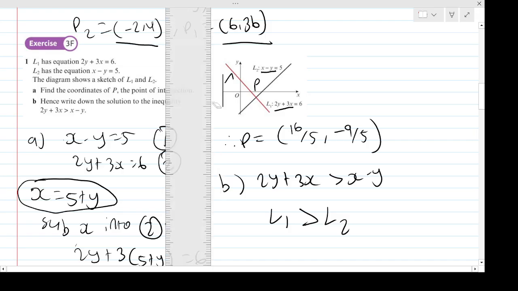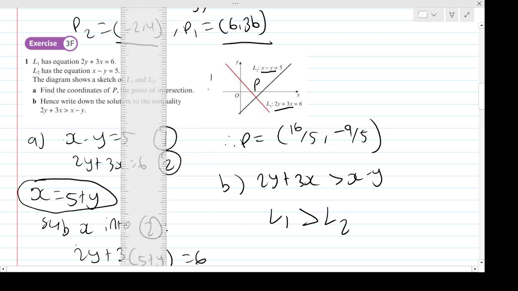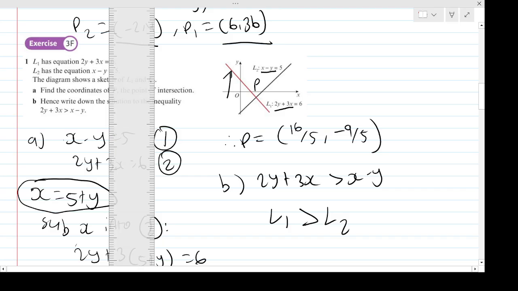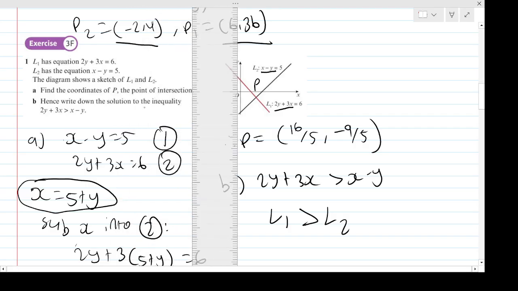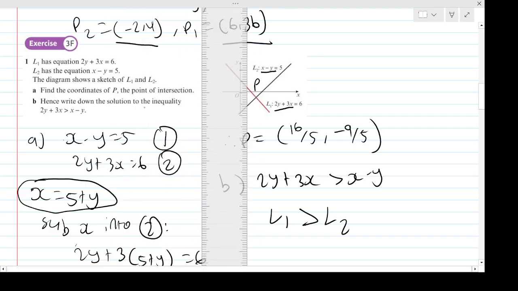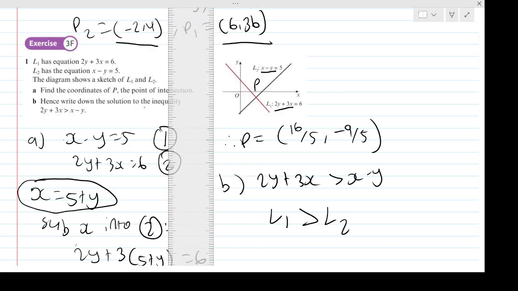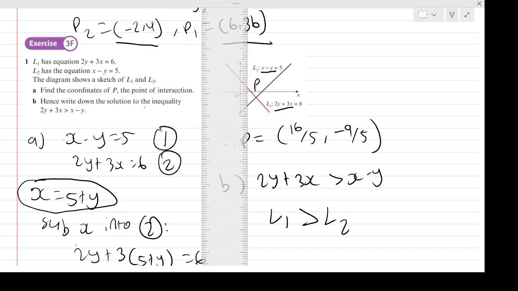This gap here obviously means that L1 is above L2. So as we move towards the point P, but before it, L1 is above L2. And that's what we want, right?